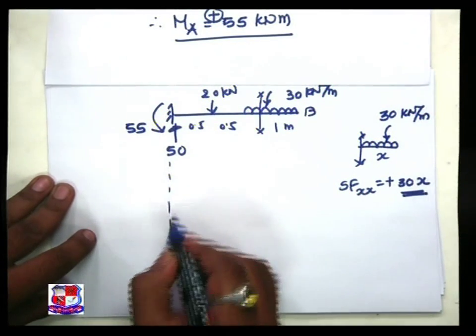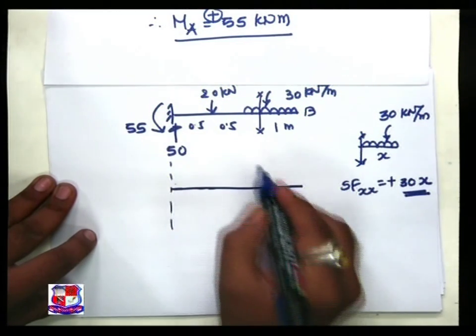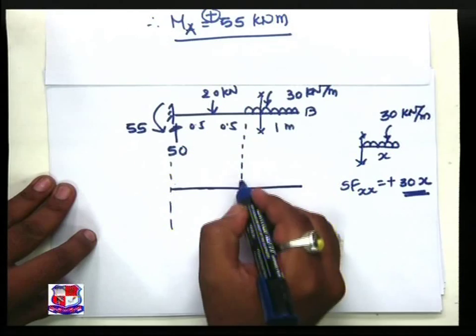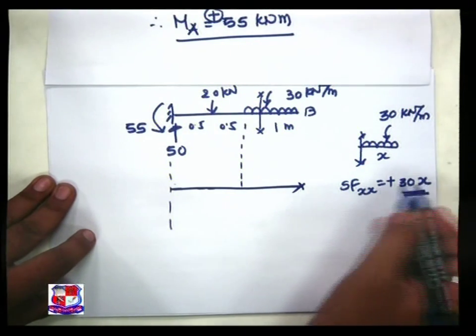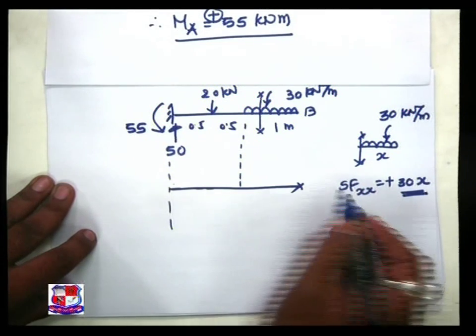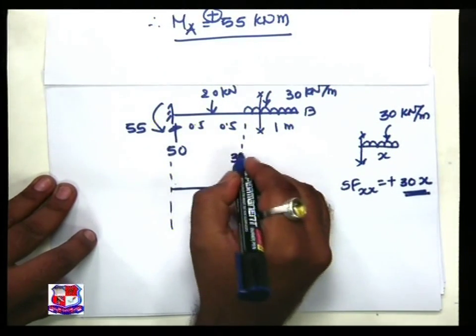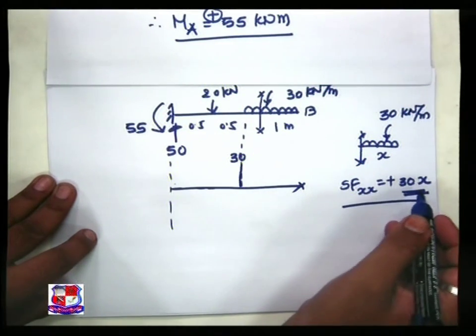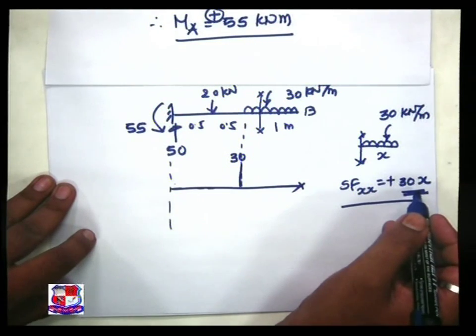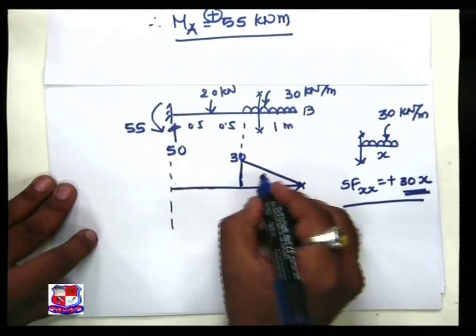So what we obtain over here, if this is our baseline and all positive values are shown above the baseline, is 0 because X is 0, shear force is 0, and here it is 30. Since it is a linear equation, we can join it with an inclined straight line, plus sign.